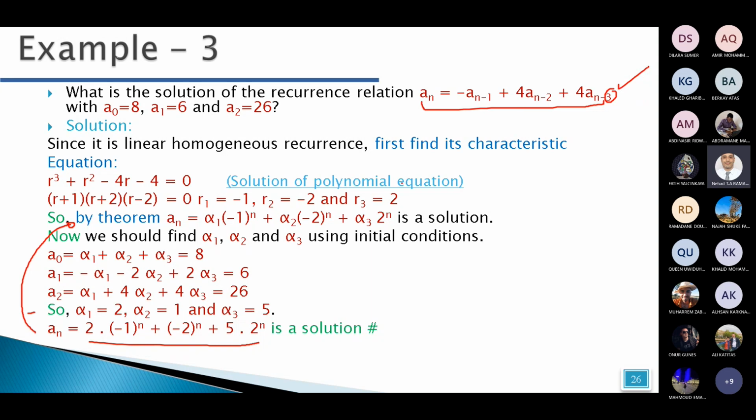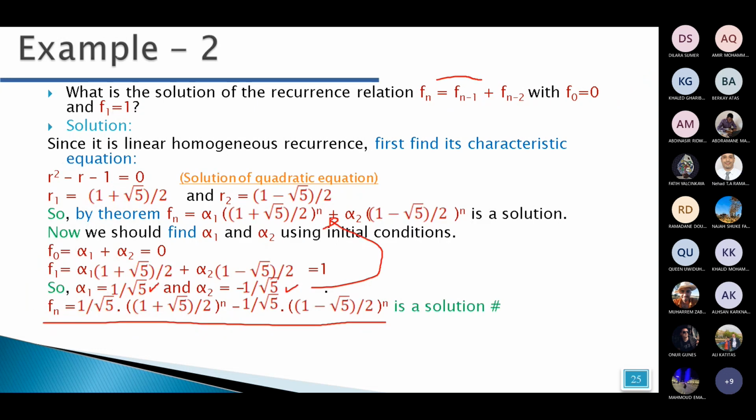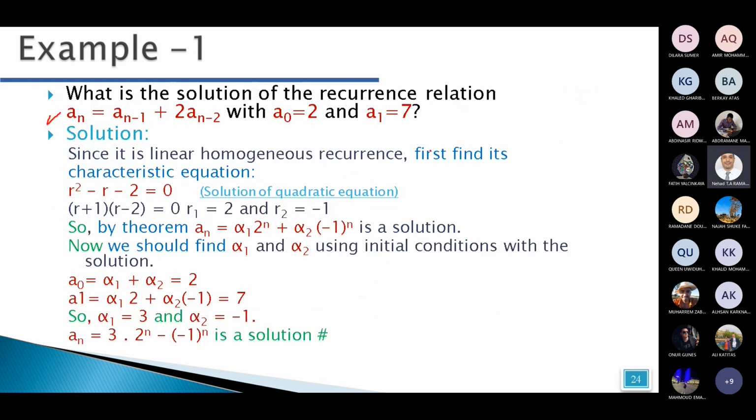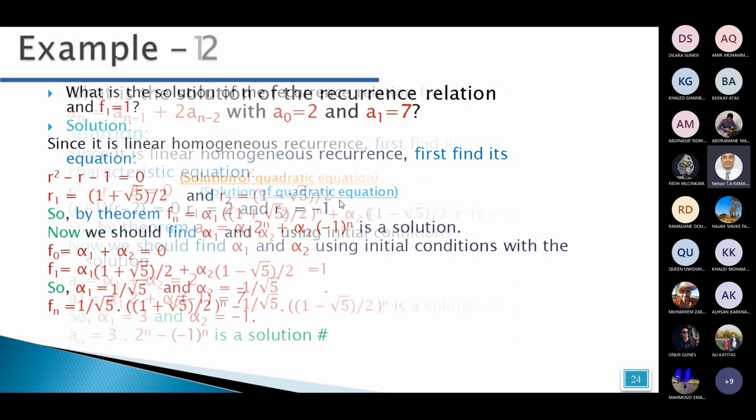Here, k is 3, we get 3 solutions, then it's okay. Here, we get 2 solutions, and the k of the polynomial is 2, so it's okay. Here, in this example, we have 2 solutions, and this equation has degree k, so it's okay.